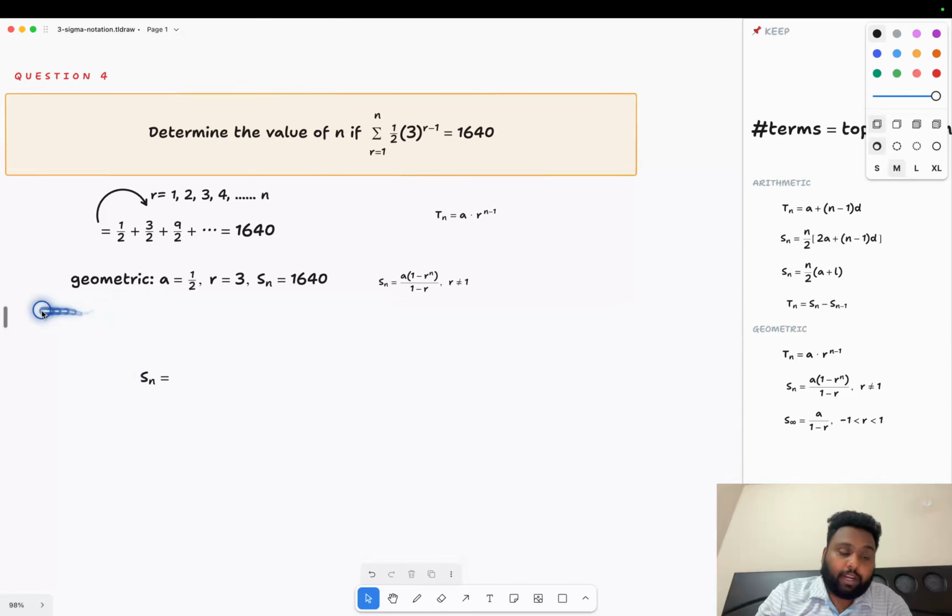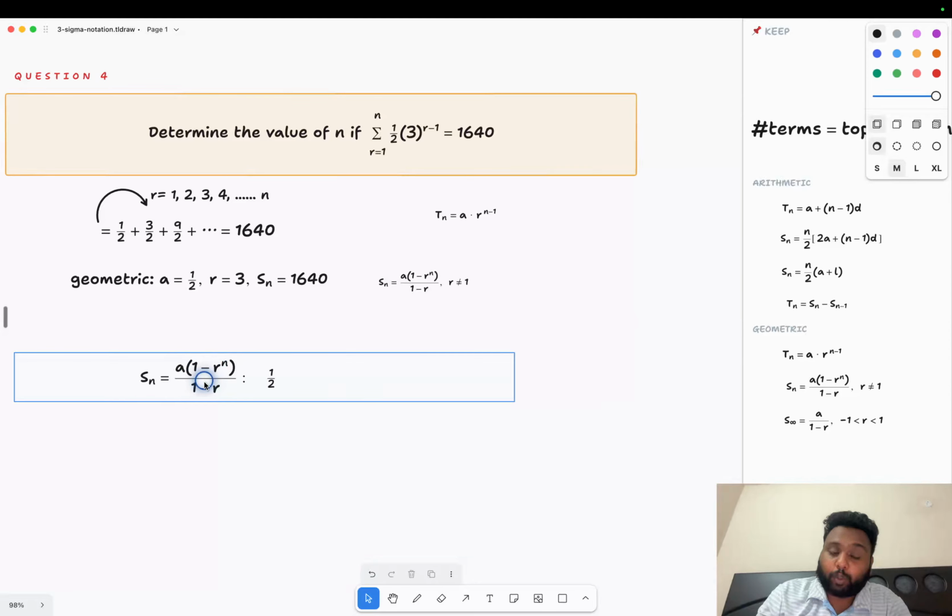Okay, let's go ahead and solve this. Let's put Sn is equal to the formula for a geometric series, and then we can substitute it. The value of a is 1 by 2, 1 minus r is 3, the value of n will remain as n, and this will be 1 minus r, which is equal to 1640.